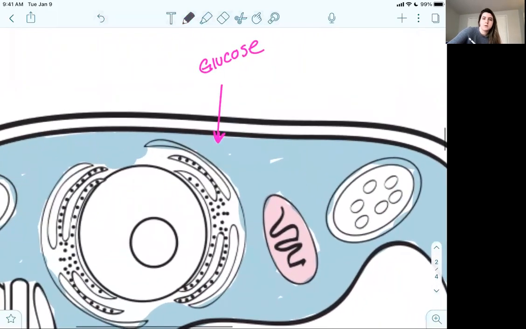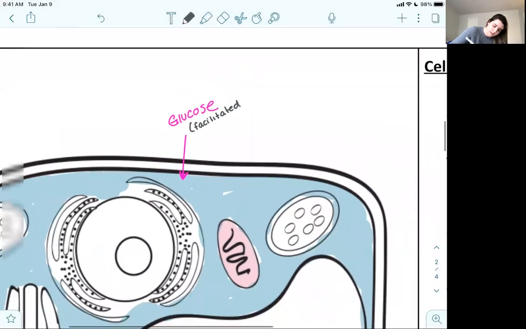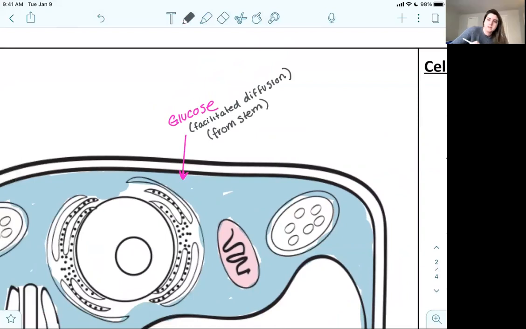In this case, we know that glucose is always too big to enter the cell on its own, so it has to use facilitated diffusion. And it tells us that this glucose is coming from the stem. Let's change that. We'll say from stem. So I go ahead and add that myself.